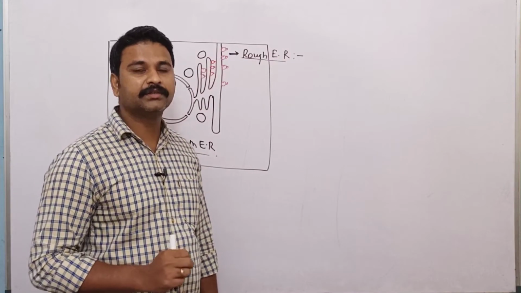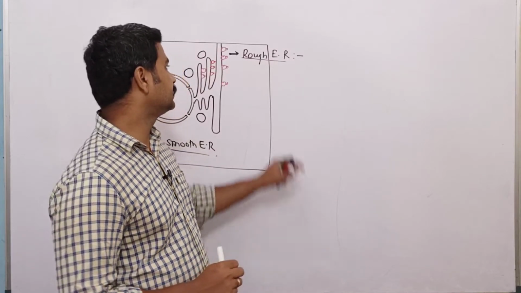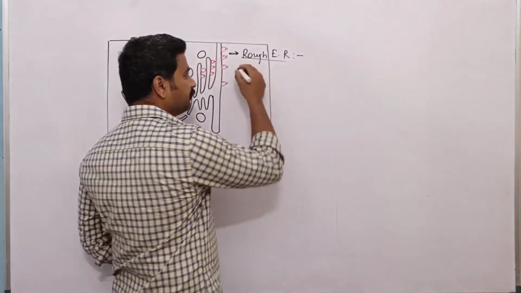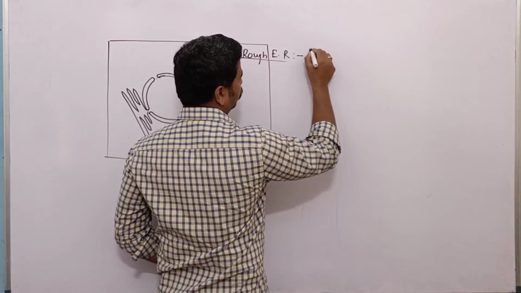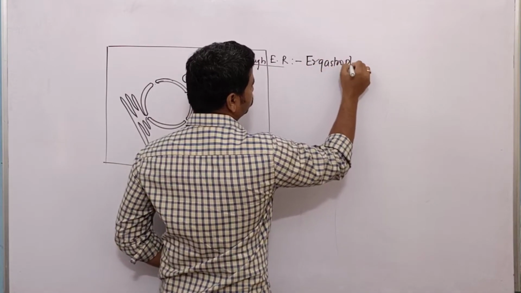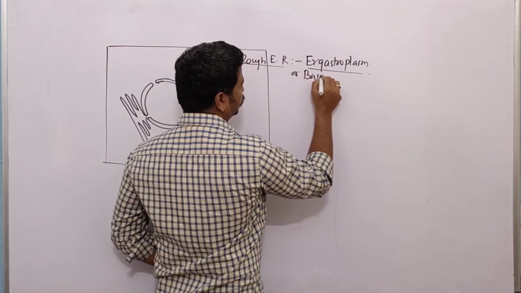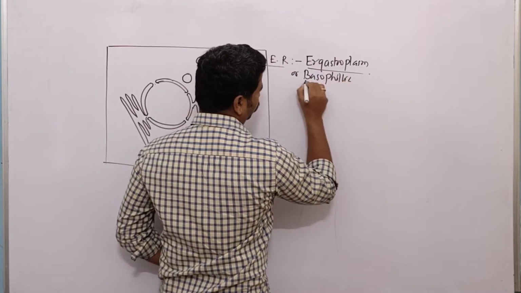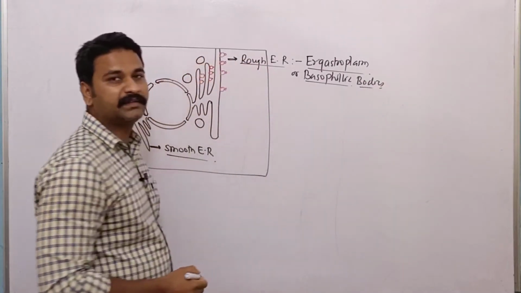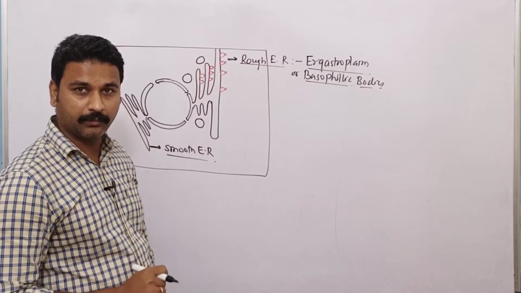But due to the association of ribosomes, as ribosomes consist of RNA, the rough endoplasmic reticulum is highly basophilic, and is also called ergastoplasm, or basophilic bodies. So rough endoplasmic reticulum has two additional names: ergastoplasm or the basophilic bodies.